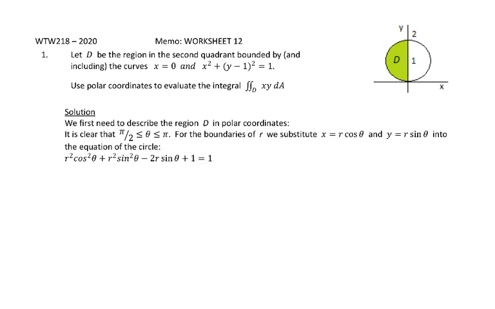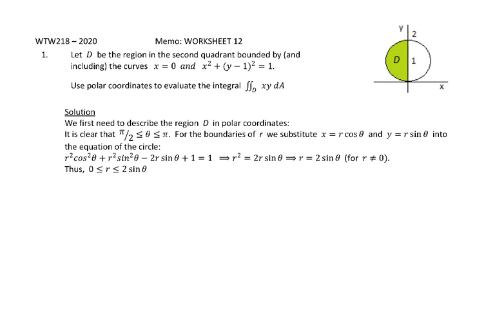For the boundaries of r, we substitute x equals r cos theta and y equals r sin theta into the equation of the circle. This gives us r squared cos squared theta plus r squared sin squared theta minus 2r sin theta plus 1 equals 1.